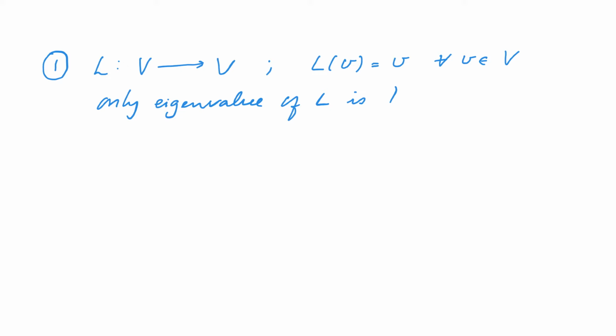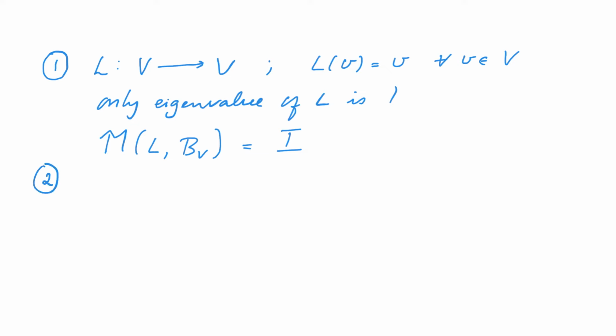However, if you take any basis of V, then the matrix of the linear map L with respect to the basis BV is equal to the identity matrix. And the identity matrix is clearly diagonal. So this operator L is diagonalizable. However, it does not have n distinct eigenvalues.